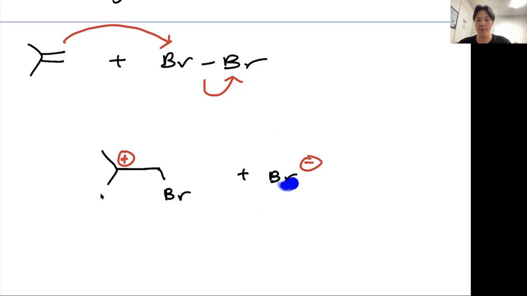Is the higher energy bromide going to attack this carbocation, or is the closer bromine going to attack this carbocation, right? And that's the problem that a lot of chemists were dealing with in the past when they did this reaction. The fact is, none of these reactions actually happen.